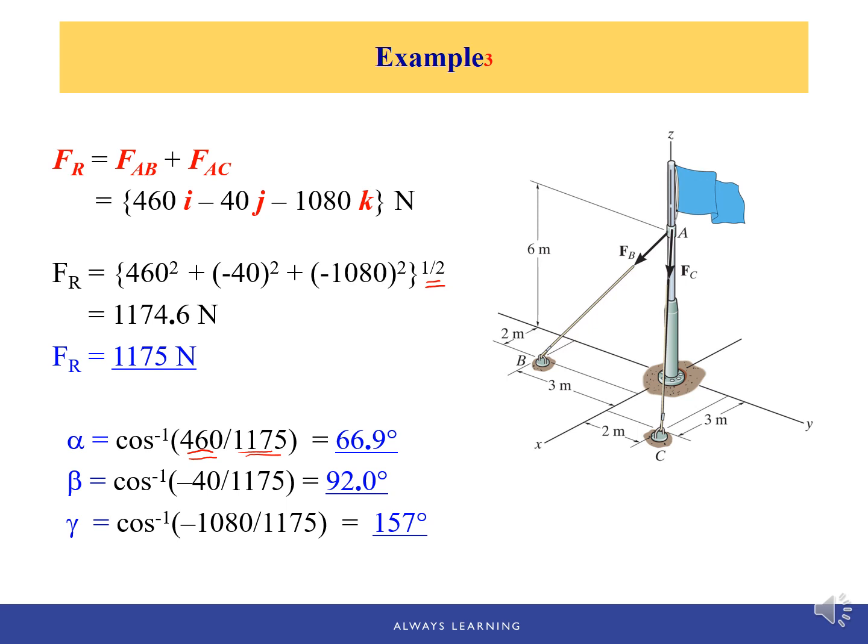This is cosine alpha. So we use the inverse cosine to get the angle alpha. And beta will be the inverse cosine of the y component over the magnitude of the force. Same thing for the gamma angle, which is the angle between the vector and the x, y, z axes respectively.